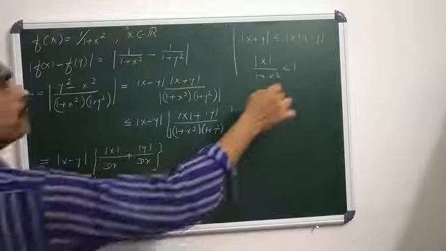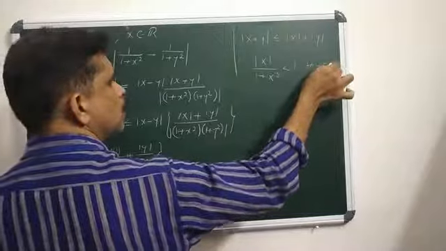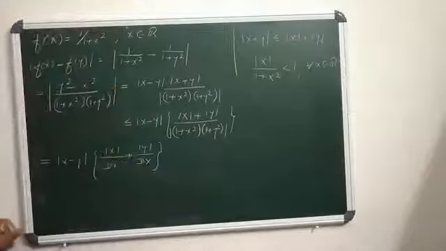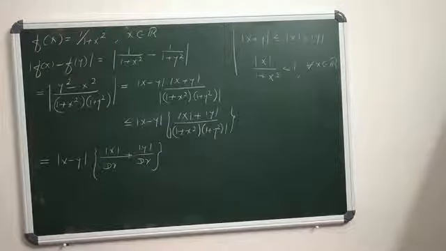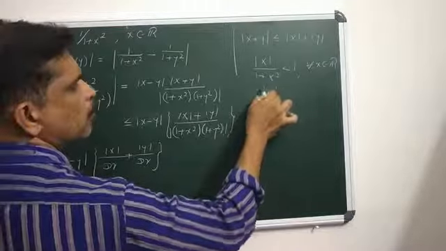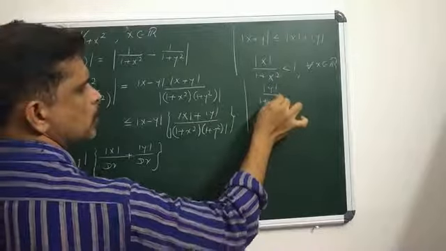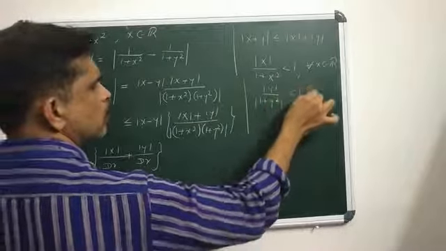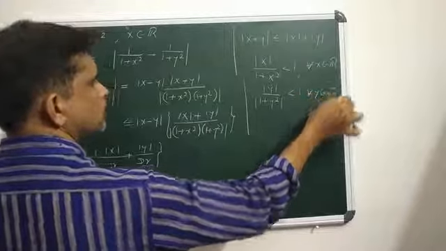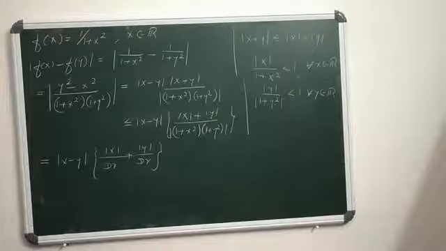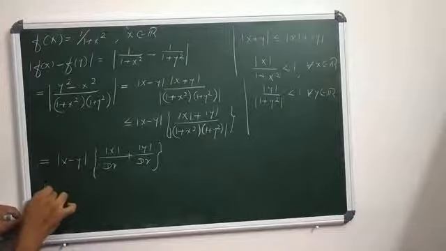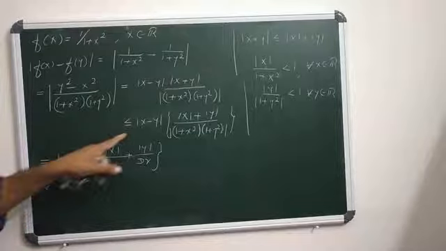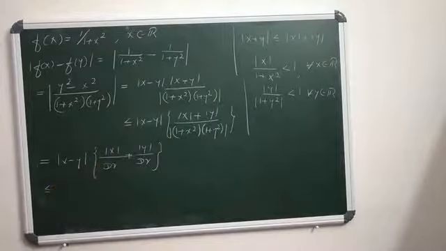That is true for every x in R. For any real number, we have mod x by 1 plus x square strictly less than 1. Similarly, mod y by 1 plus y square is strictly less than 1 for all y in R. Clear? So it is less than or equal to modulus of x minus y into mod x by this one plus mod y by that denominator.